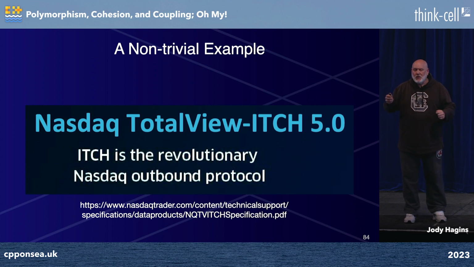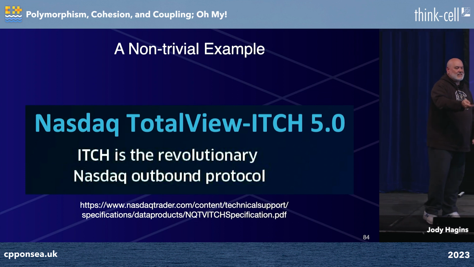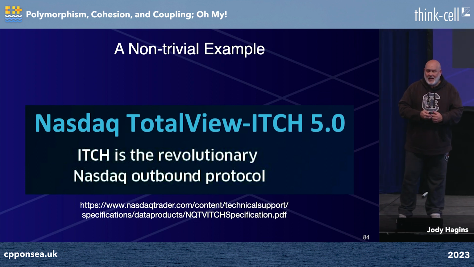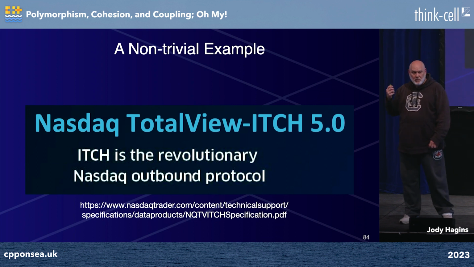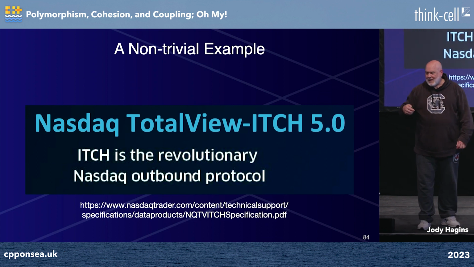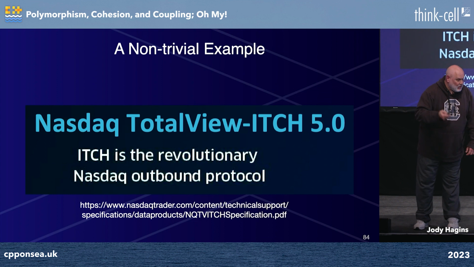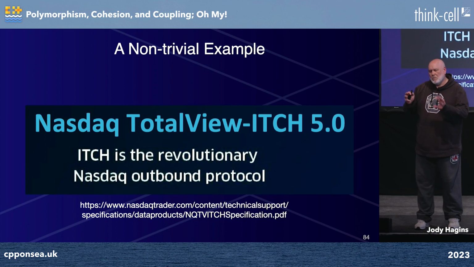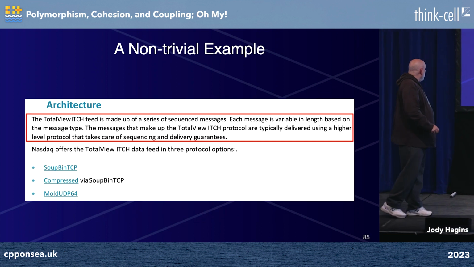So every time you want to buy 100 shares of Apple on NASDAQ, they will send a message out to everybody on their data feed saying, hey, somebody just placed an order to buy 100 shares of Apple at $4.97, or I have no idea what it is right now. And all the events that are considered public get sent on this public feed.